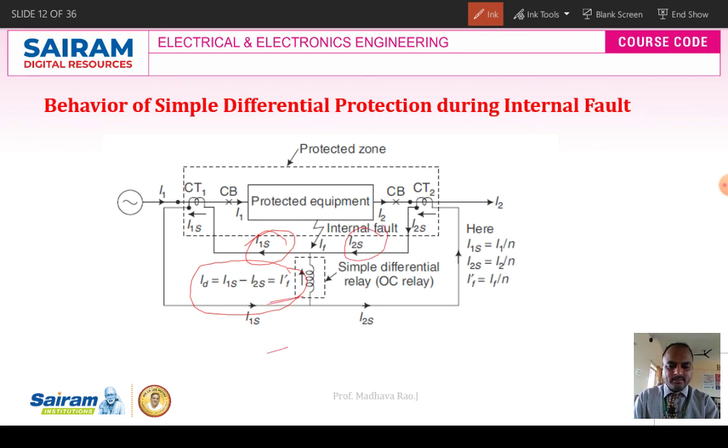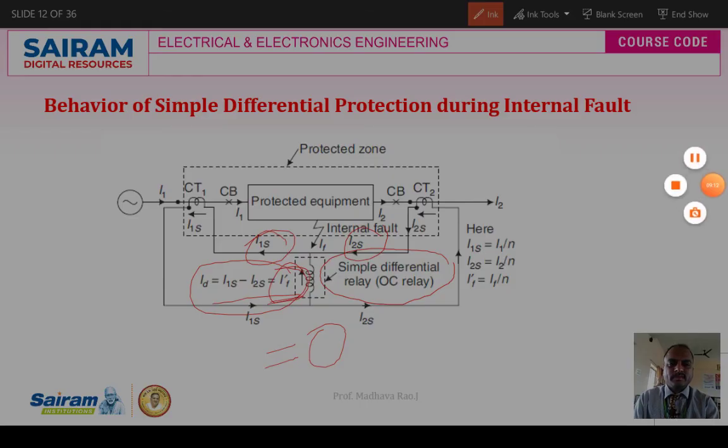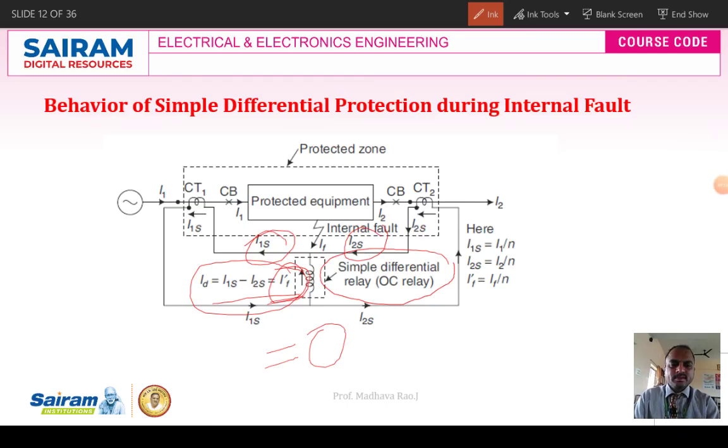Previously the value was 0, but here some error current flows, so the difference is not equal to 0. The operating relay coil will operate and isolate the fault. Like this we protect against internal faults for transformers, generators and motors.